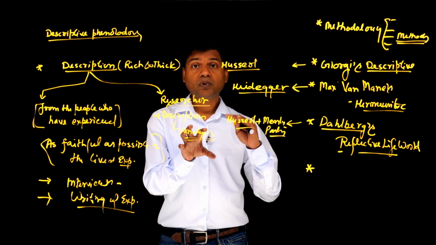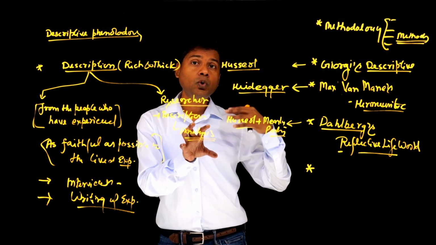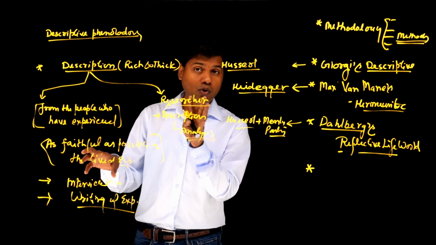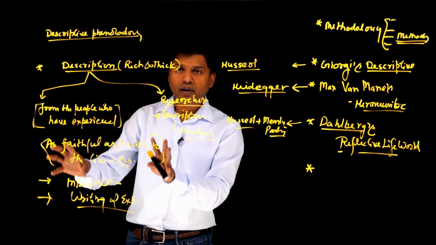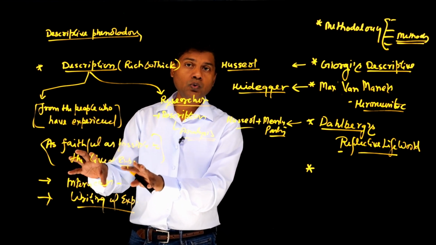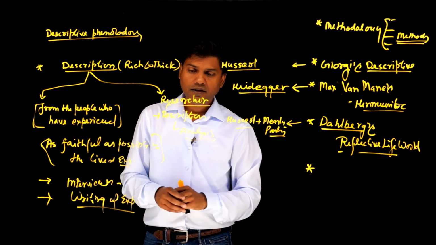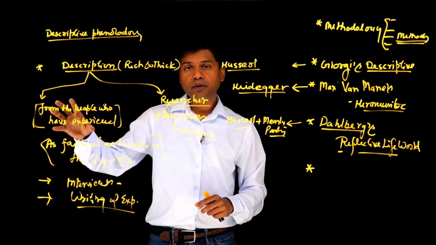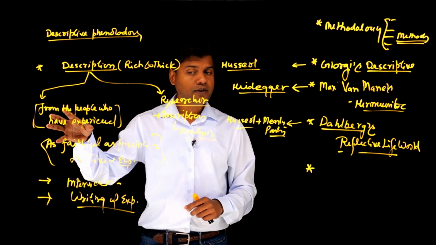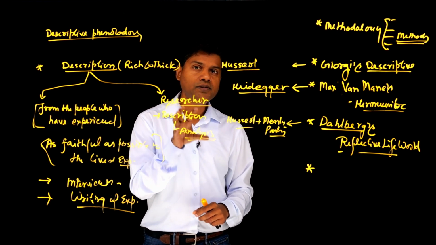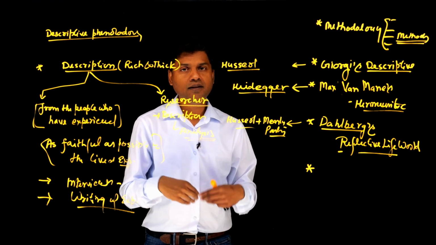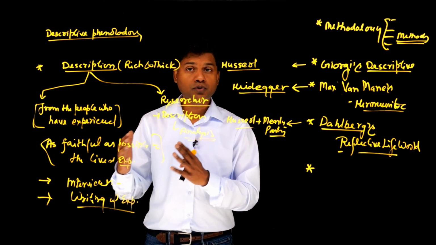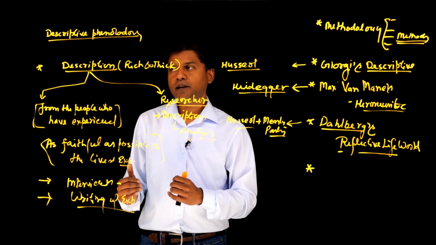It's like looking at the phenomenon from your lens, but that should always be grounded in the description that you have been gathering. So description comes from both the people who have experienced the phenomenon, and also from you as a researcher, engaged in describing the phenomenon based on your observation and your data.